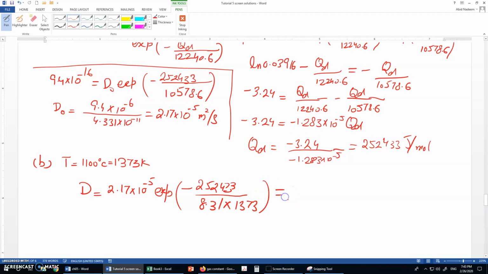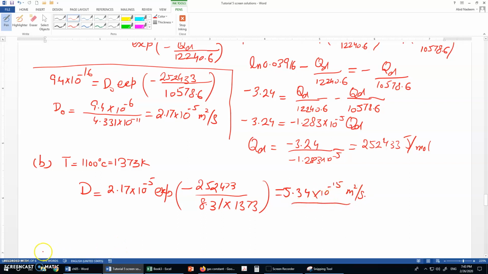So put your calculators to work and then you will get a value of 5.34 into 10 to the power minus 15 meter square per second. That will be the answer.